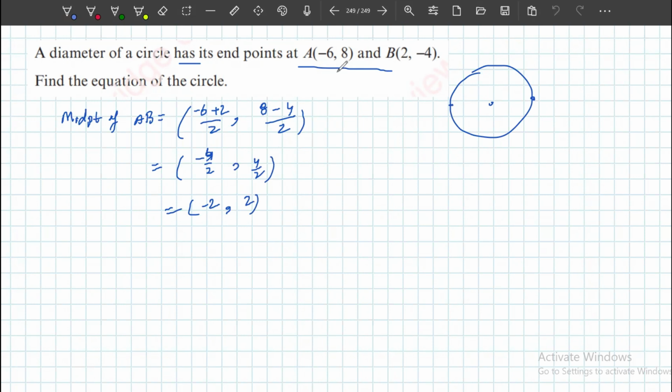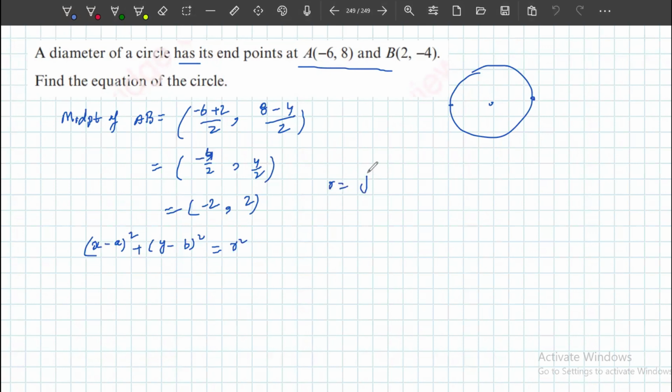of a circle, and we are looking to find the equation of the circle. A and B are the endpoints, so we can choose one of them to find the equation of the circle. So x minus a whole squared plus y minus b whole squared is equal to r squared. So we have to find r as well.